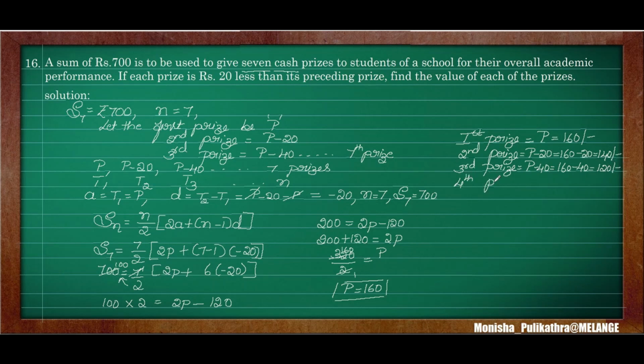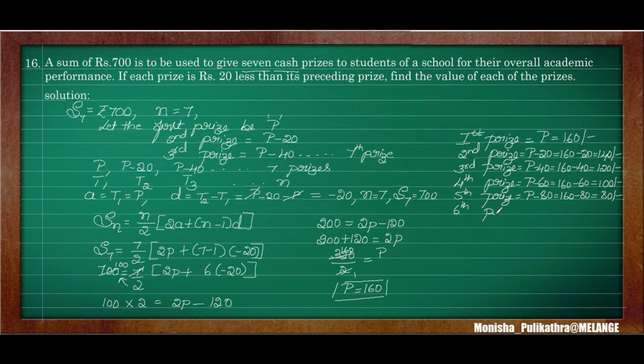Fourth prize is equal to p minus 60, that is 160 minus 60, which is equal to 100 rupees. Fifth prize is equal to p minus 80, that is 160 minus 80, which is equal to 80 rupees.